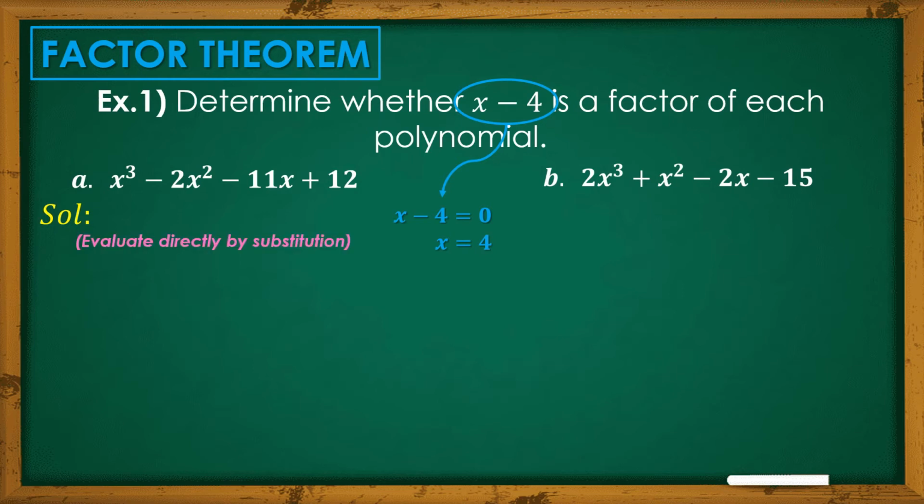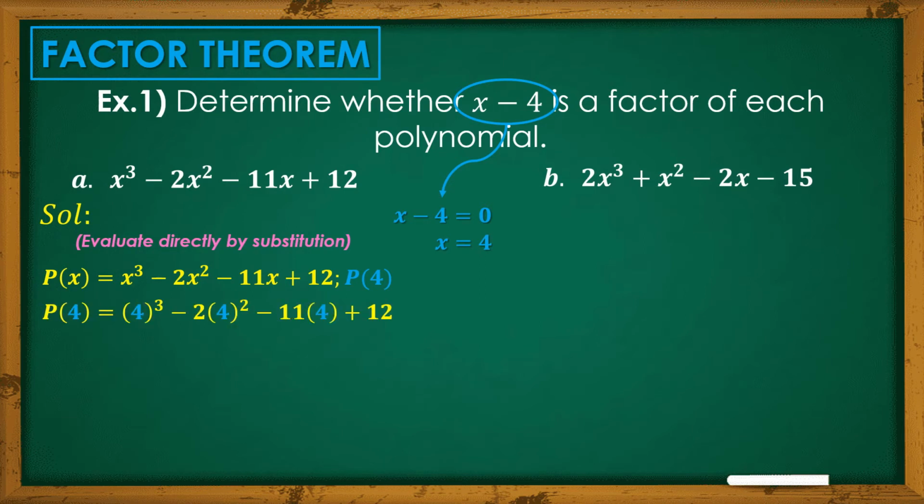Let's solve for letter A. We can use a synthetic division, but again, what we observed earlier, pwede nating i-evaluate directly by substitution. So, if our p of x is x cubed minus 2x squared minus 11x plus 12, and the value of x is 4, we will have this. So, 4 raised to 3 is 64.